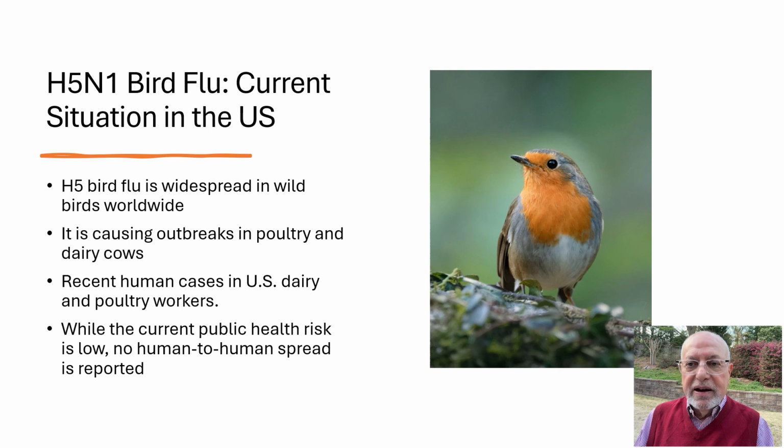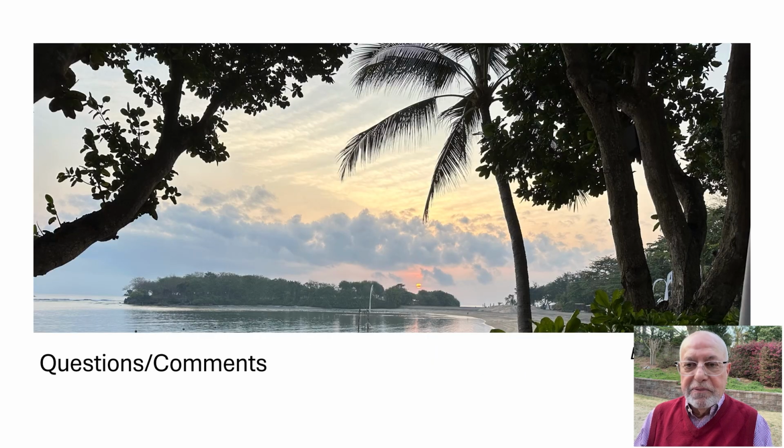But again, we know how these viruses can mutate, and that is the concern and scare in the United States: that if this virus mutates and makes people susceptible, we may have another problem like we had with COVID-19. But let us hope nothing will happen. This is where we are with that.